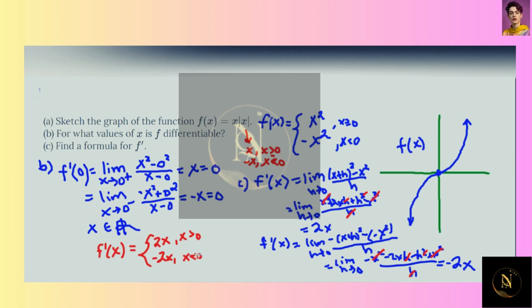So we can include that bit of information either here or here, including x equals 0 in the domain of the derivative function. And so this is exactly a formula for f prime. And another way that we can write this, since we have 2x in the positive region and negative 2x in the negative region, is 2 times the absolute value of x. So this is the formula for the derivative f prime.